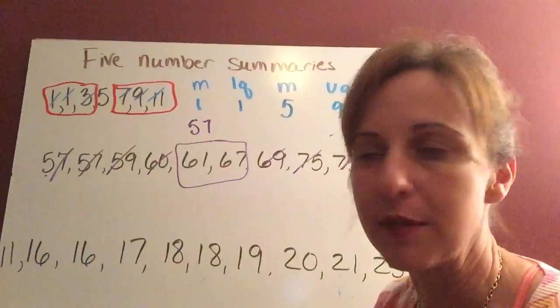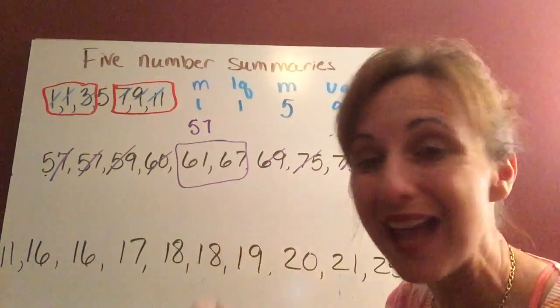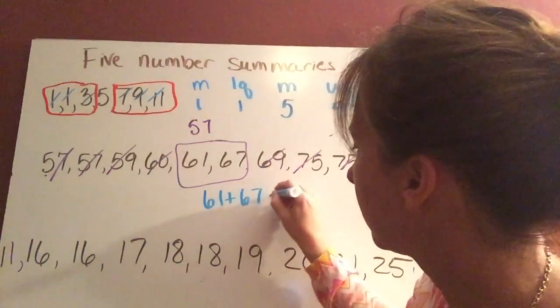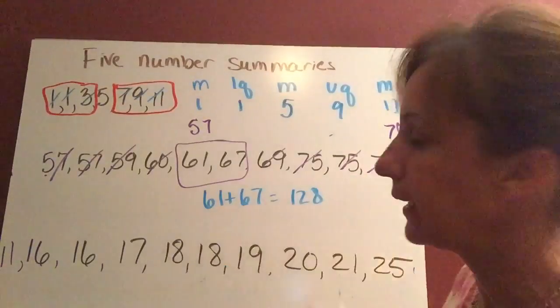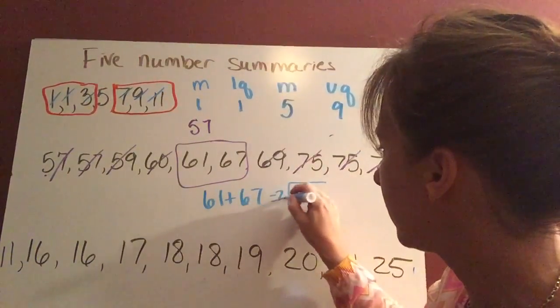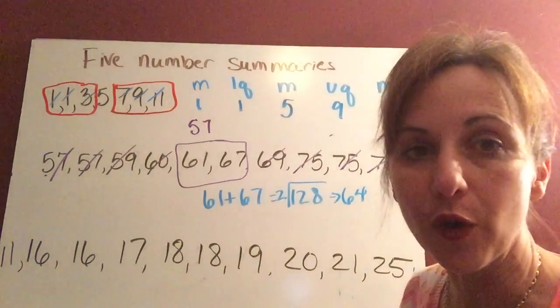We've got two numbers in the middle. How do we find the median of 61 and 67? If you'll remember, we have to find the average of those two. So we're going to do 61 plus 67, which is 128. And 128 divided by the number that we added, which is 2, gives us 64. So 64 is the median.